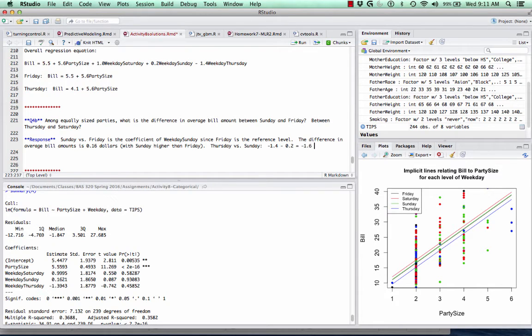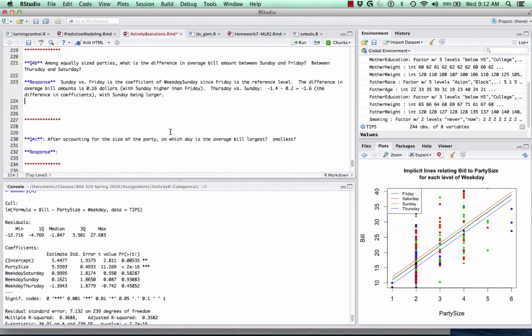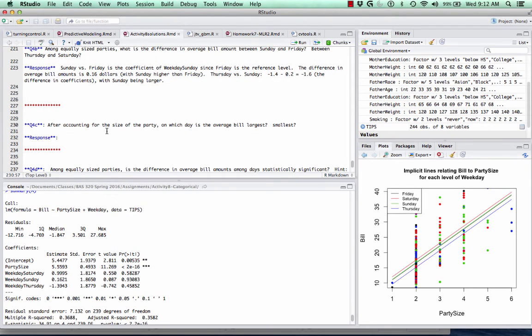So that's the difference in coefficients. And since this is negative, Thursday minus Sunday being a negative value must mean Sunday is actually bigger. So Sunday's a little bit larger, $1.6 on average higher.